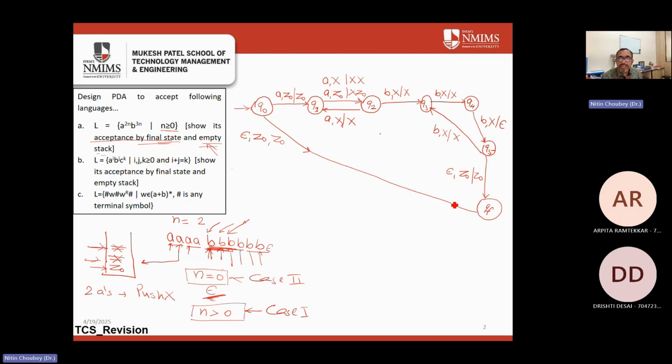Apart from this, we need to ensure that our stack is empty. Now stack is empty means what? We will not have Z0 also on the stack. Instead of this Z0, we'll show epsilon. Similarly, this Z0 also, instead of that, we will have epsilon. Now, this is another pushdown automata wherein we are representing acceptance by empty stack.